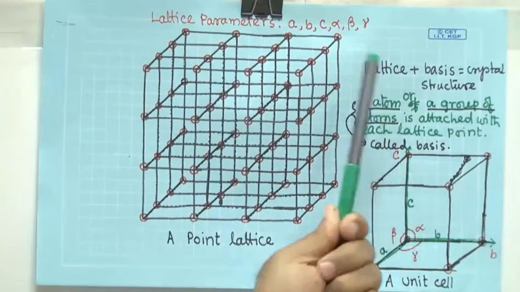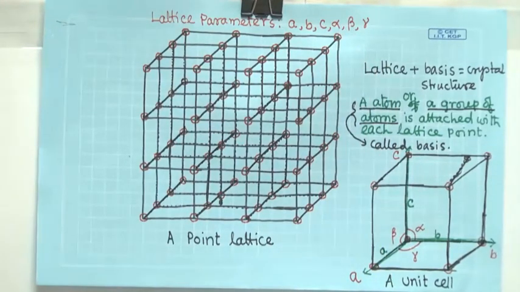These are called the lattice parameters: A, B, C, alpha, beta, and gamma. These lattice parameters are related to D, with a relation that differs for different structures.